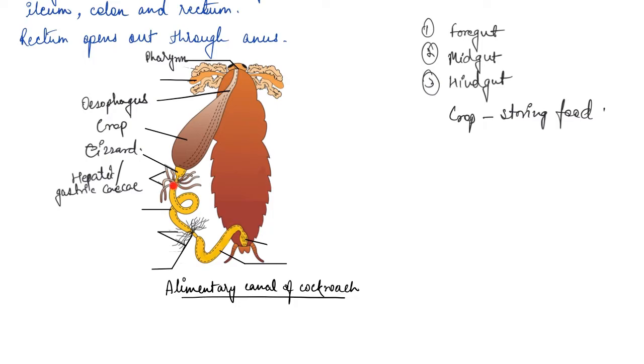You have foregut till here, and from here the midgut starts. So at the junction exactly, you have the hepatic or gastric caeca.